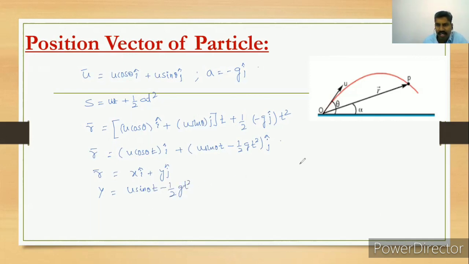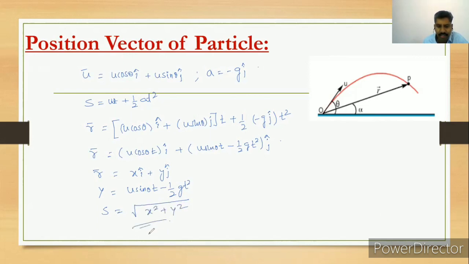Now here also we can find that this displacement makes an angle alpha with the horizontal. The magnitude of displacement s is equal to the square root of x square plus y square.